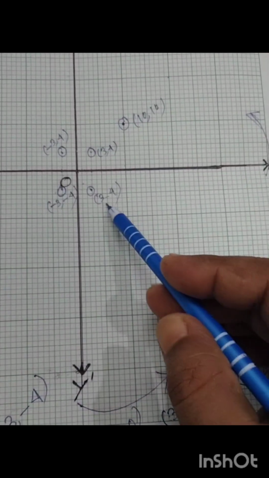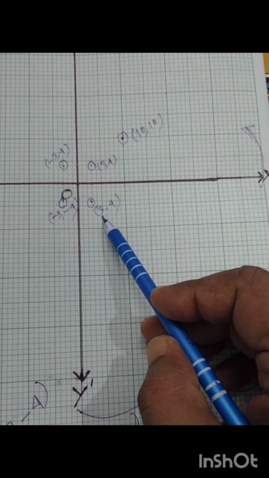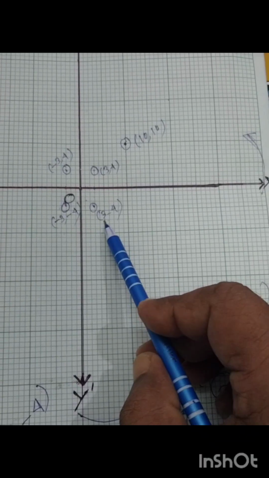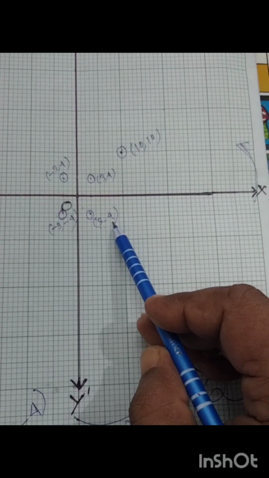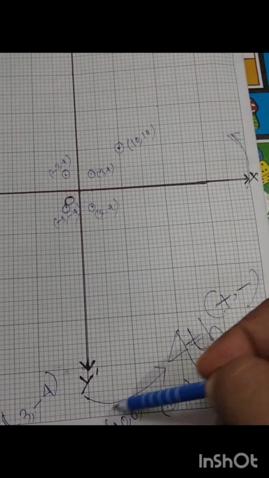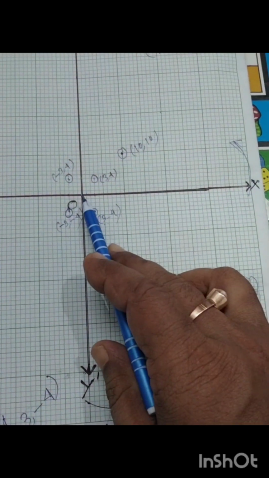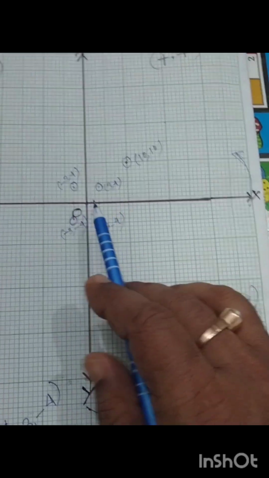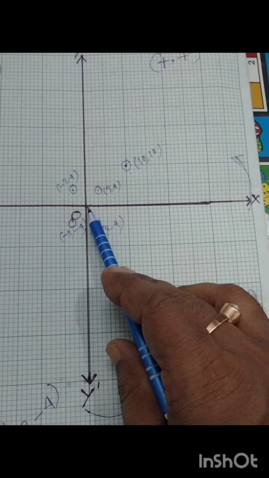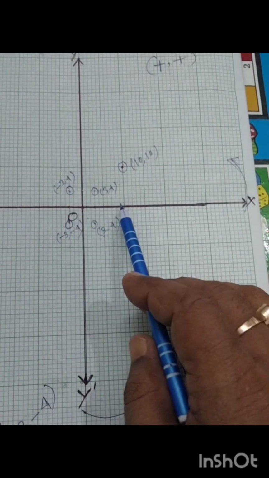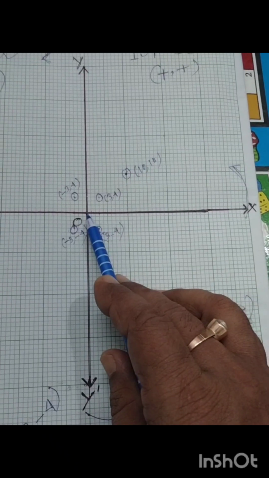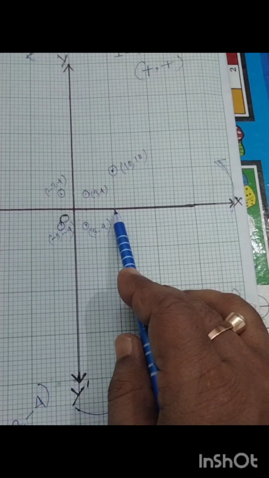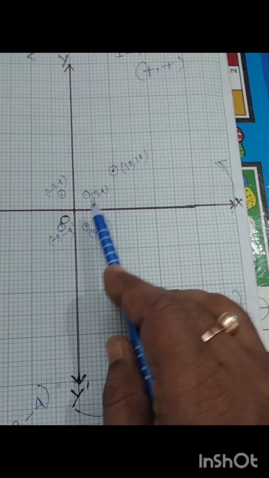Now let us put the point (10, 0). Where will this point be? In every coordinate, the first number is of x and the second number is of y. So 10 is the number on the x-axis. Let us count 10 on the x-axis, leaving the starting point. You can easily find the 5 or 10 points, because from thickest line to thickest line it is 10.